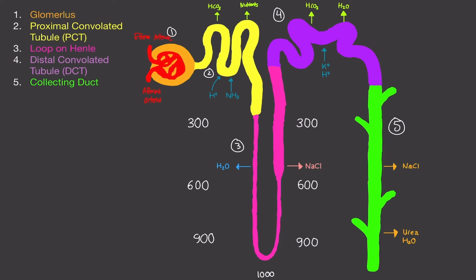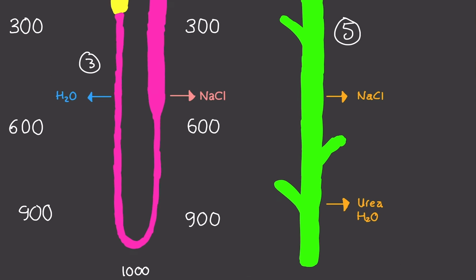Now it's the collecting duct. The collecting duct is the last station. It's the last part of this tube. This is very important for hormones like ADH, which we're going to go into later. ADH works on the collecting duct, and here is where we have sodium reabsorption.